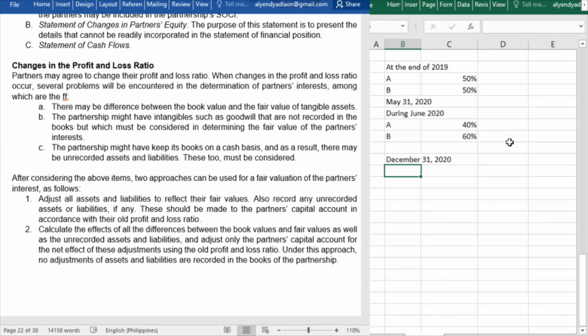Now, adjust whether there are any changes in the fair value, and as you can see here, we have two methods of adjusting to the fair value.